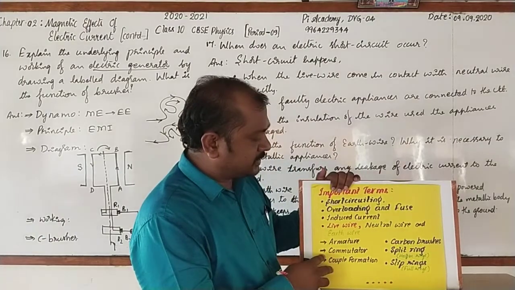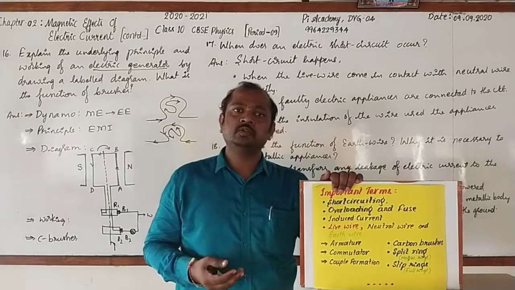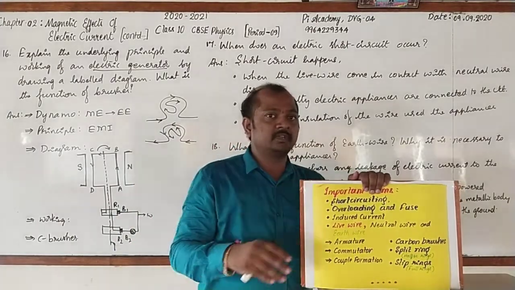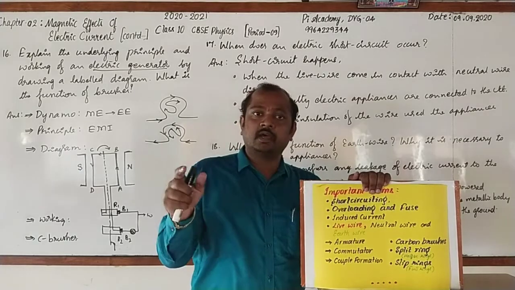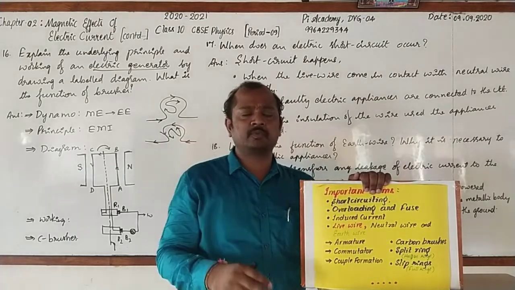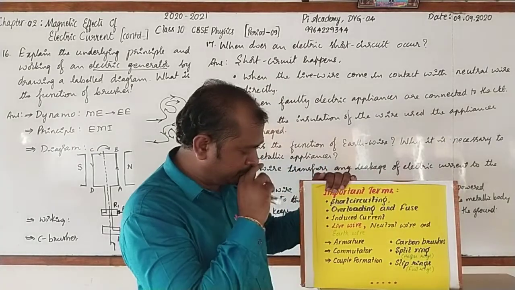Next, dear students, in case of dynamo and motor, we go for using many items in that. They are, it may be the magnet, it may be the armature, commutator and all. Here we have mentioned them.